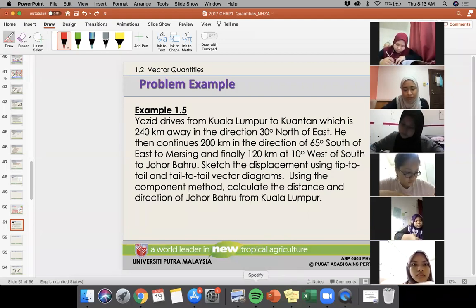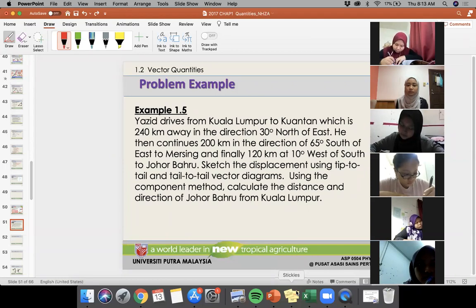Do you know how to? Okay, annotate. Tip to tail. And everyone else, please help your friend if they are doing it wrong.